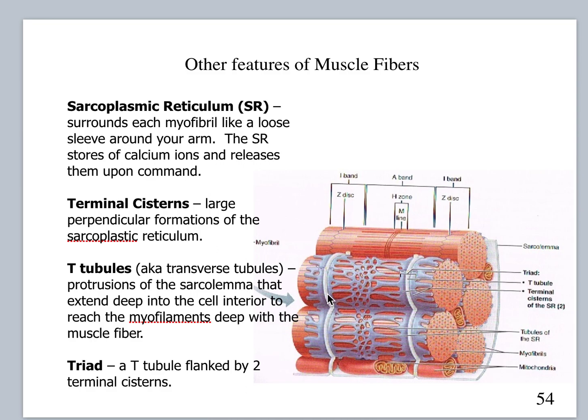It's made of the same material as the sarcolemma of the muscle, just an invasion of that sarcolemma down into the inner workings of the muscle. A triad is a T-tubule flanked by two terminal cisternae, the three components.